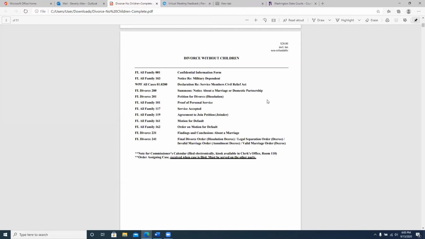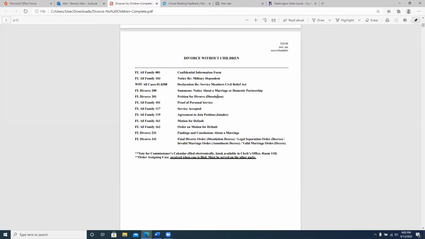If you've notified the other person of their rights and you prove that in your declaration of service, then the court will know that they had the opportunity to announce that they were members of the service or protected otherwise under those laws and chose not to file a response. So those are helpful documents for that purpose.